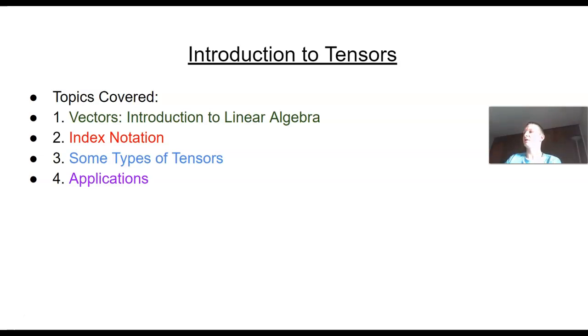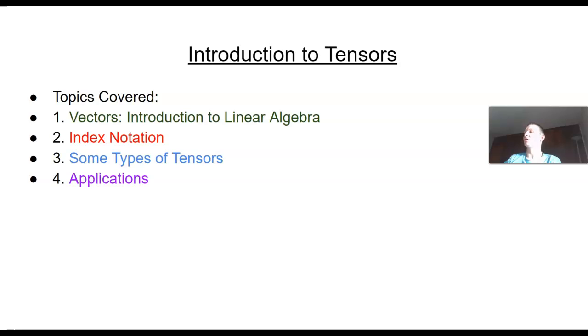First, I will relate vectors from Introduction to Linear Algebra and how it relates to everything we have learned in the course. Next, I will talk about how index notation is used to describe tensors and put multiple operations into a compact form.